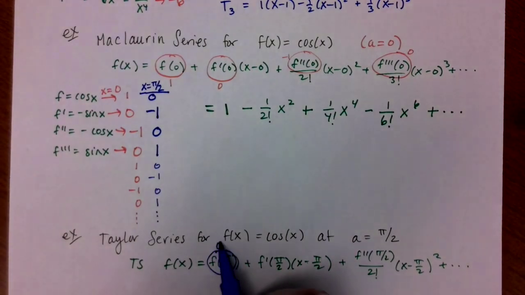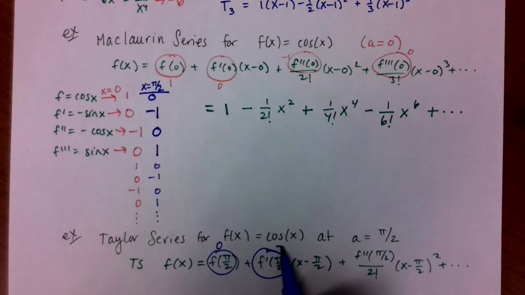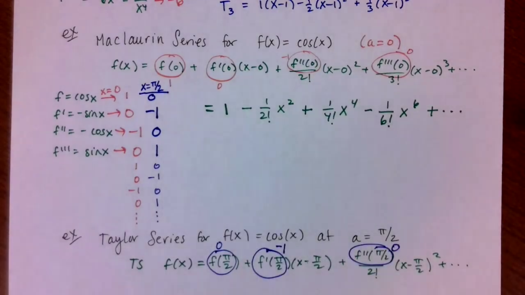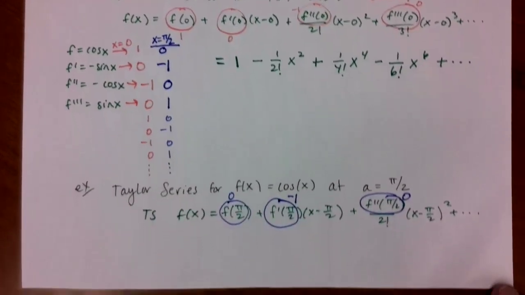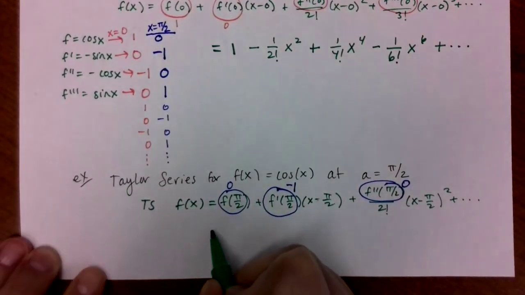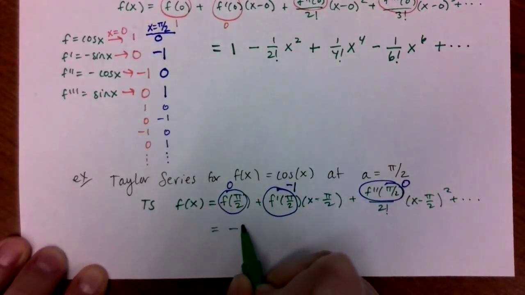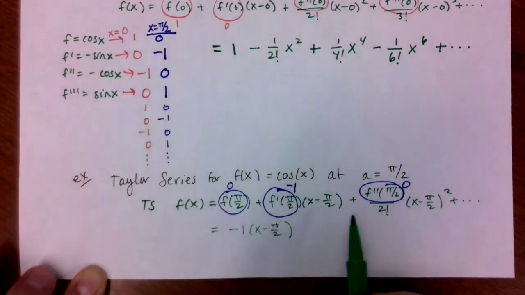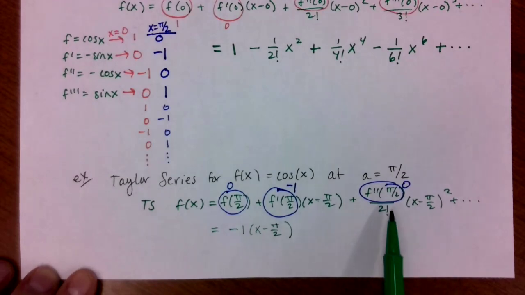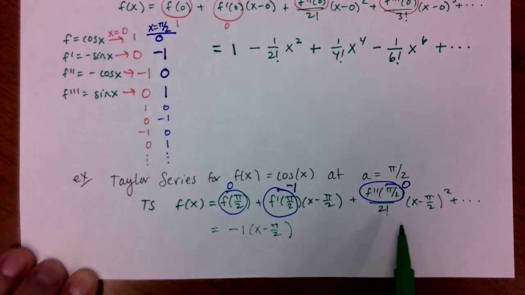So I have 0, -1, 0, and so on. And we put everything in their spots and get a completely different Taylor series. So I have -1 x minus pi over 2 plus a 0 term. So the next one that isn't 0 is the term with 3's in it.